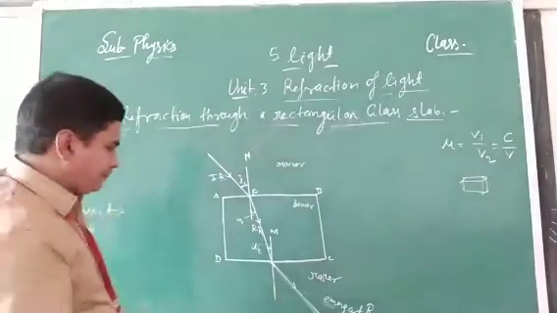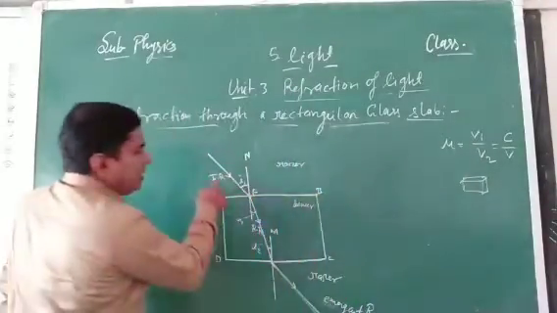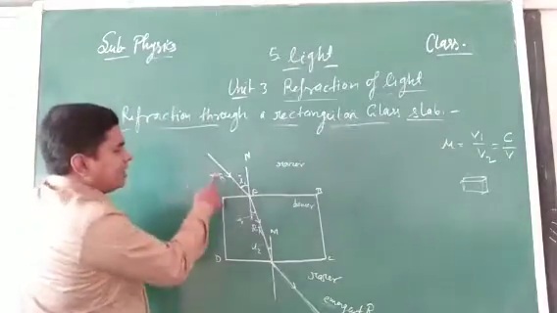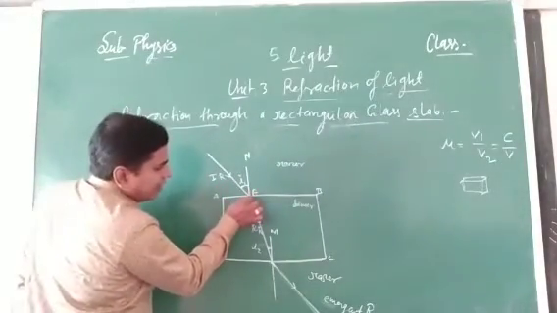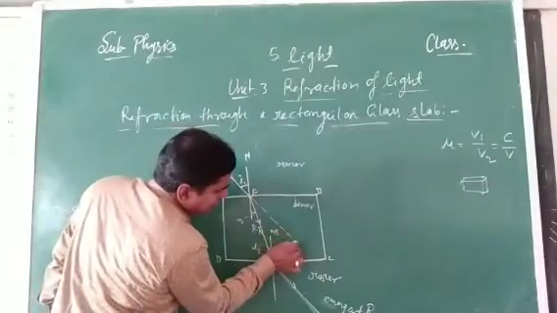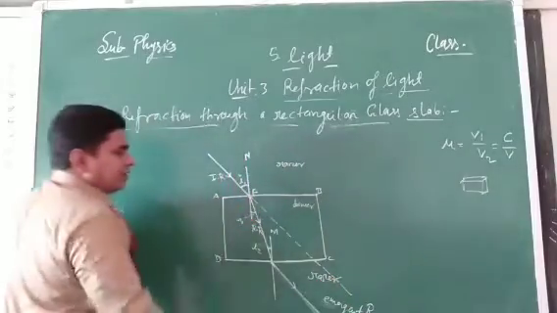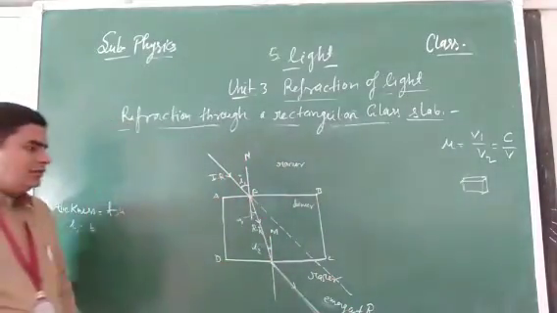Clear? This emergent ray is parallel to the initial incident ray, if we extend the initial ray forward.